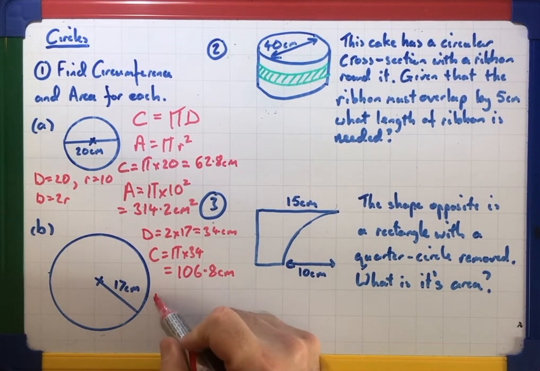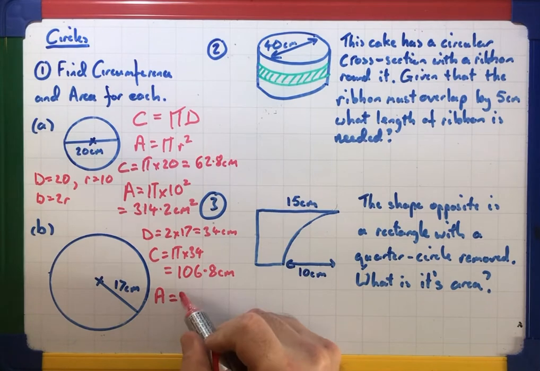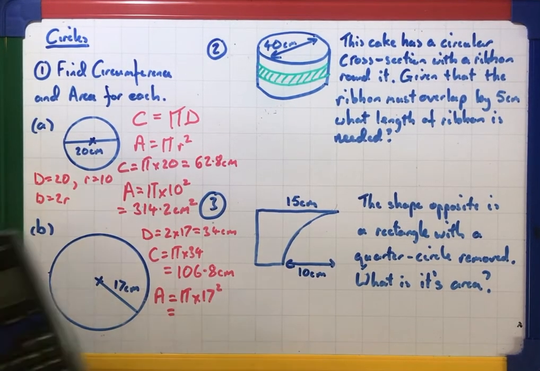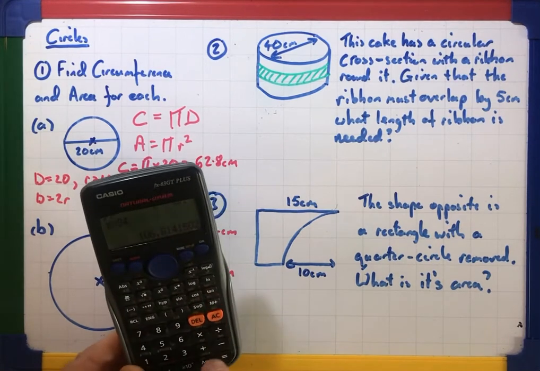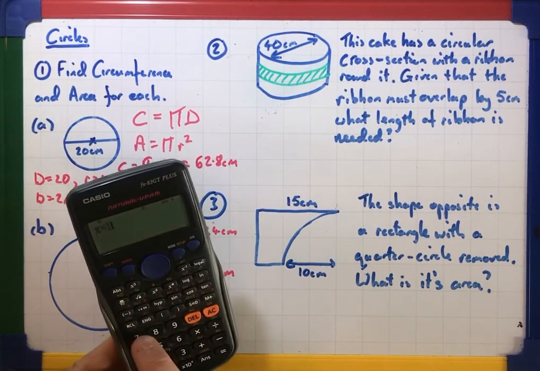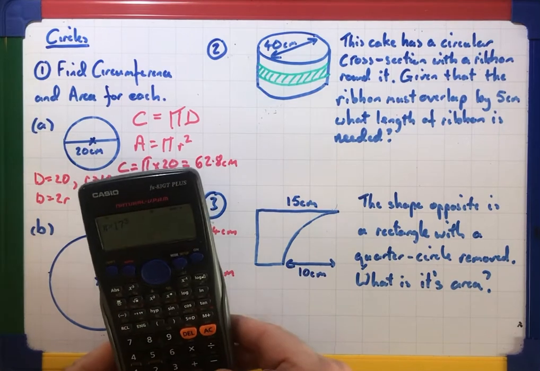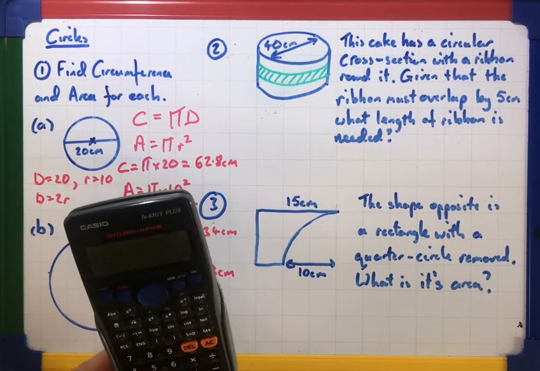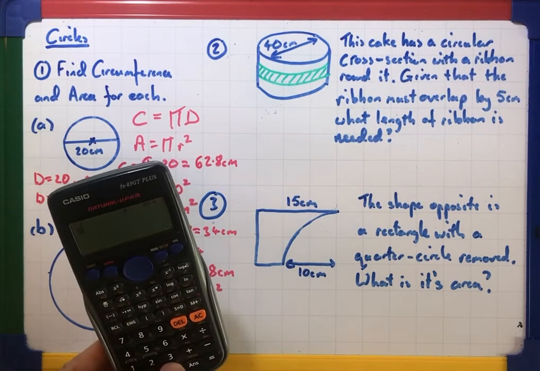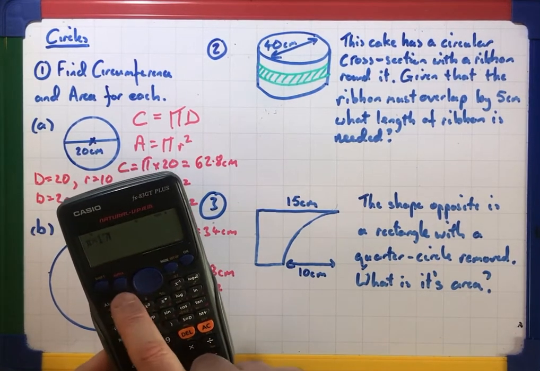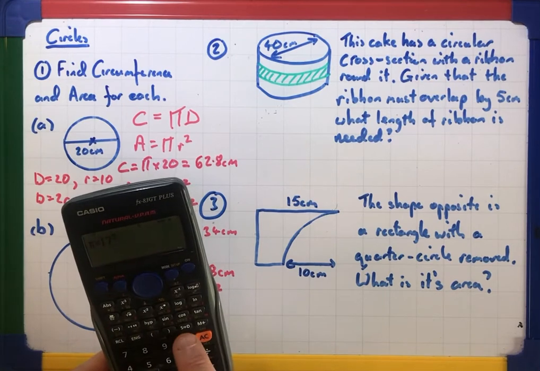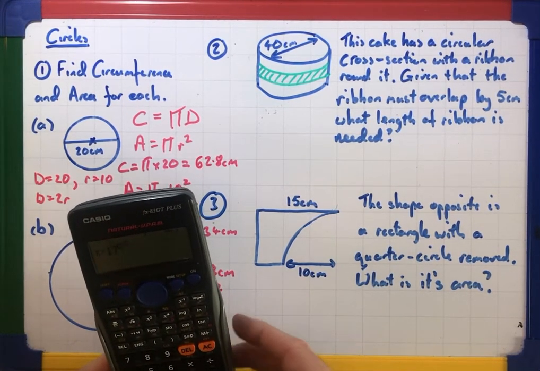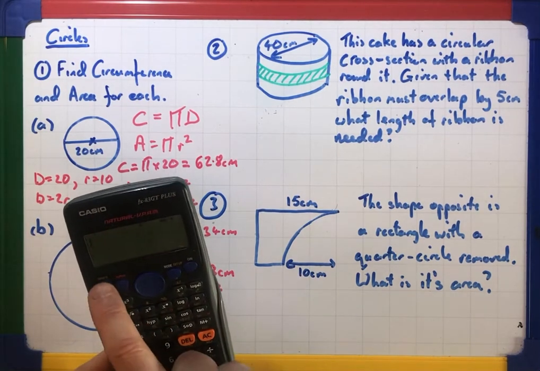And they also asked me for the area. Well, they've given us the radius, so it's pi times 17 squared. Let me do that again.